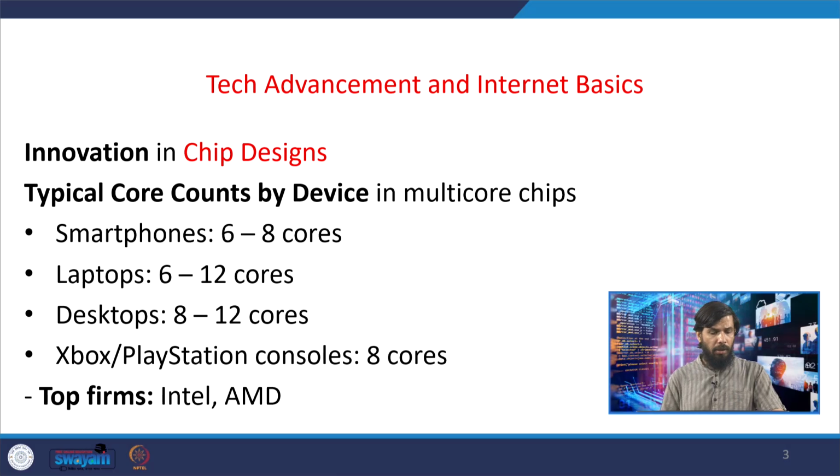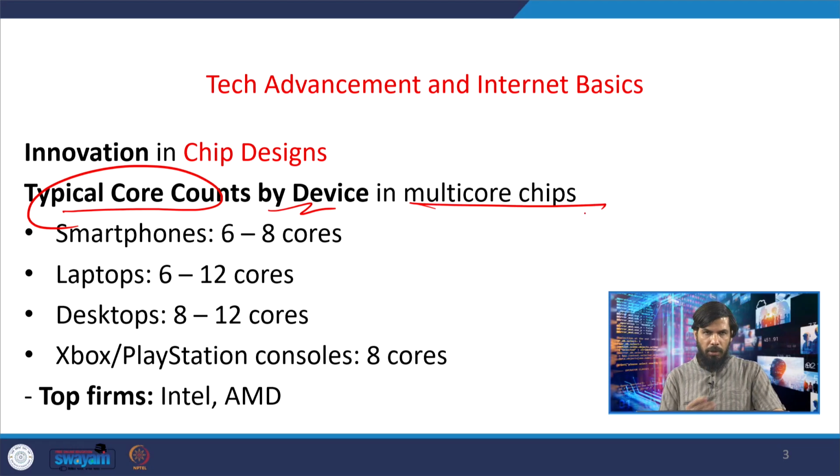Now, let us look at the typical core counts by device in multi-core chips. These numbers have been changing significantly over the years, right. Things started with 2 cores, and then because of the same phenomenon, fast cheap computing, the production technology kept on improving, and therefore the manufacturers could pack more cores.